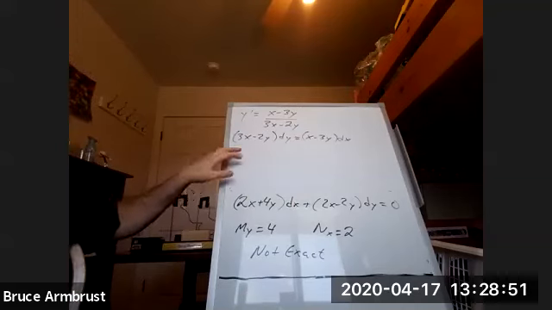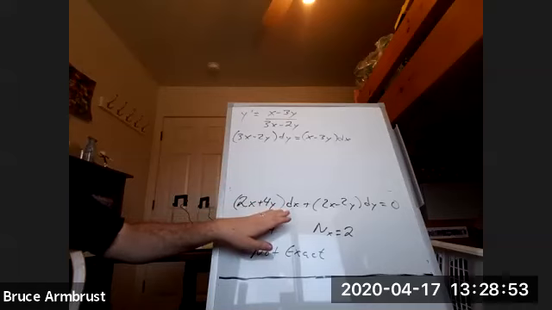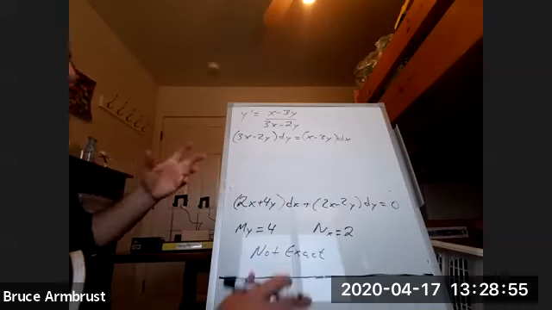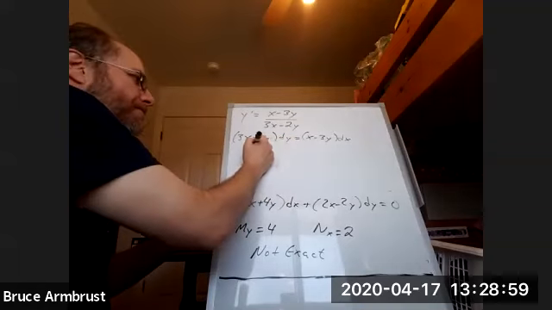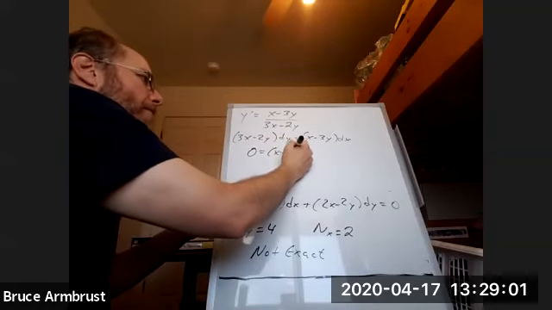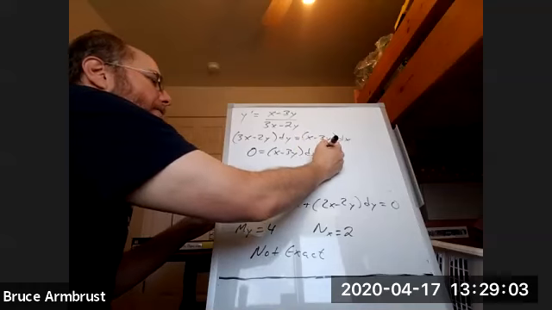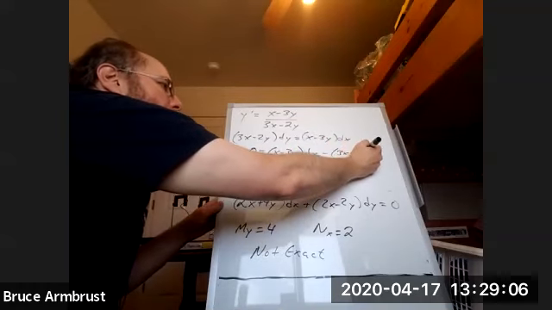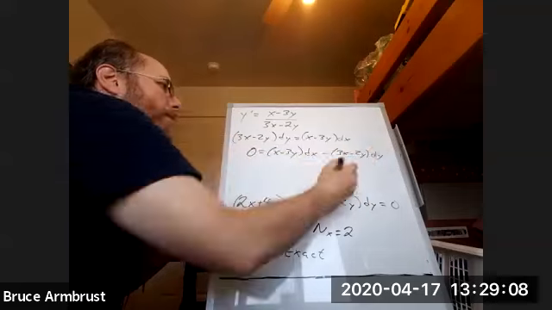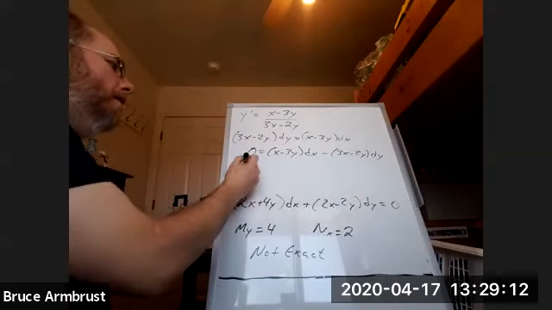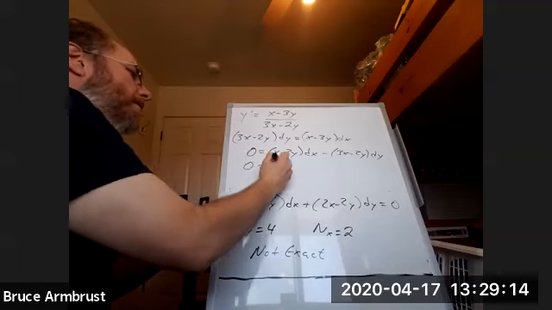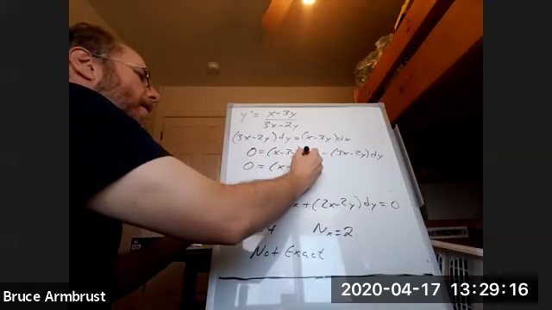But we actually need everything on one side in order for us to do this whole M and N business. So I'm going to move the dy over just because I already have a positive dx and I'd rather just leave that the way that it is. So let me do one more step here. We're going to have x minus 3y dx.